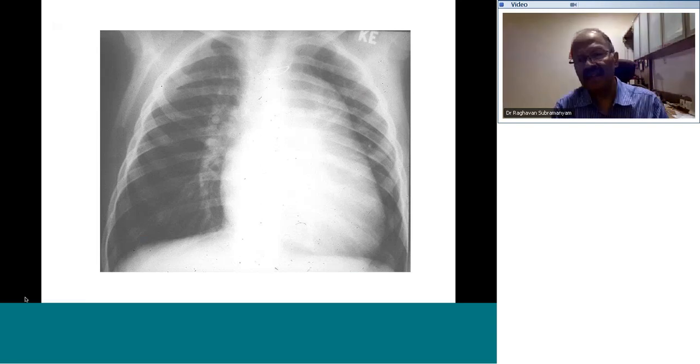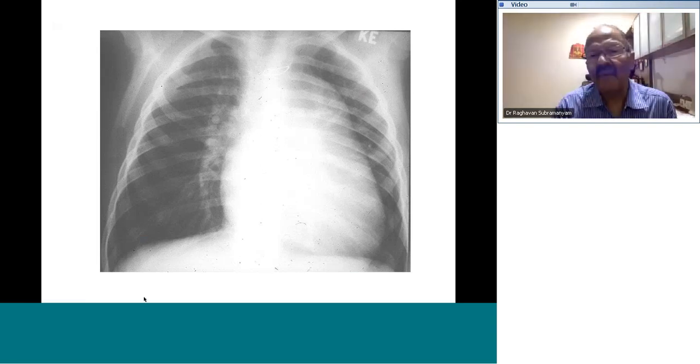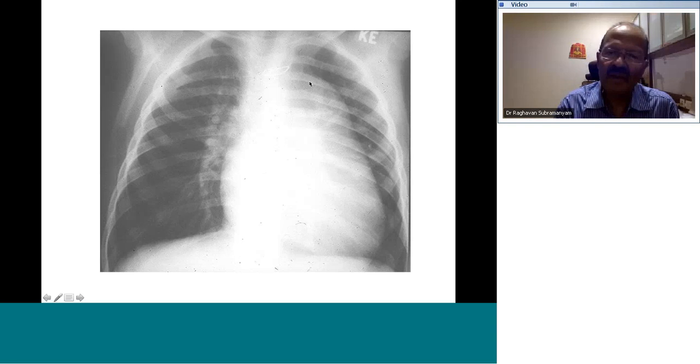Now, the most important feature that I see here is the left upper cardiac border seems to be unduly prominent, isn't it? The things which come to your mind are that the main pulmonary artery is dilated, but this seems to be extending all the way up to the clavicle. The other possibility is a combination of main pulmonary artery and aorta.